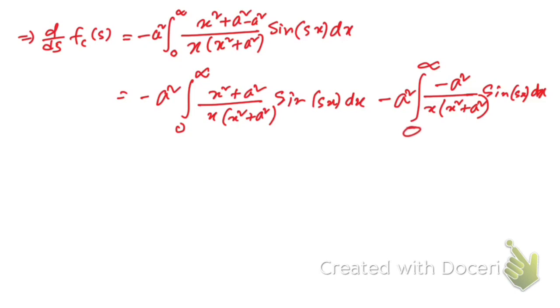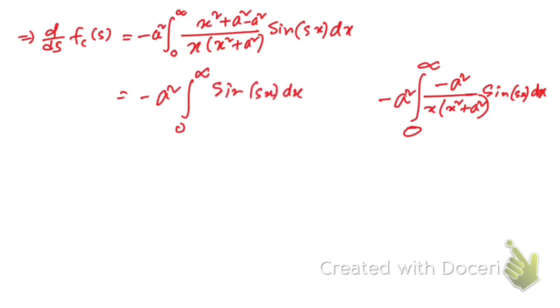So now you see here, if you cancel these two, then you're gonna get this. So then you're gonna have this result by x.